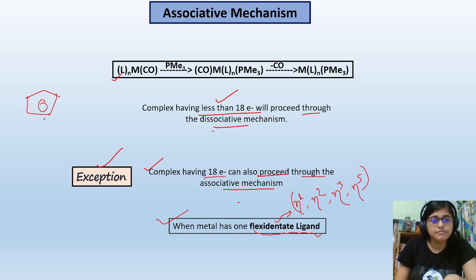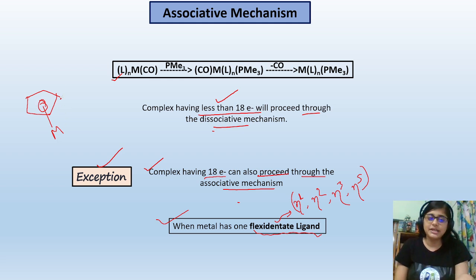the Cp we know, it is a very famous ligand. Let's say this is the metal. If we represent it this way, it means the metal is attached with 5 carbons of the Cp.